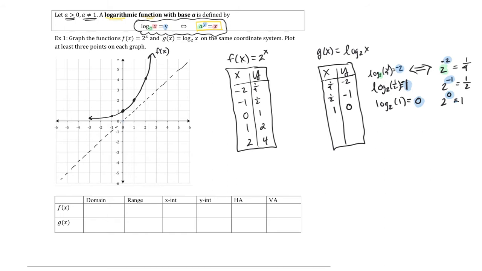This next one, we input a 2. 2 to what power is equal to 2? That would be 1. So the answer is the exponent there.